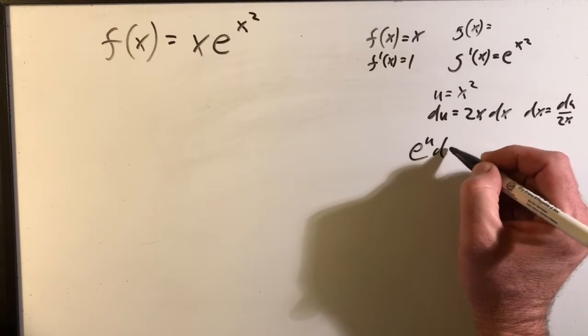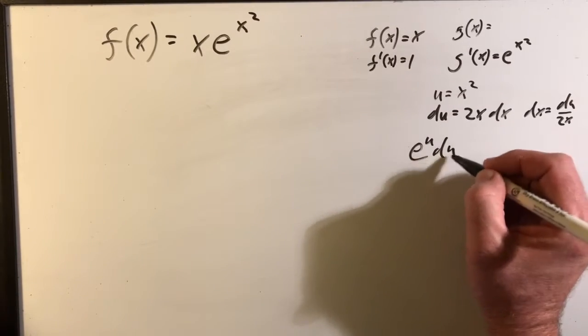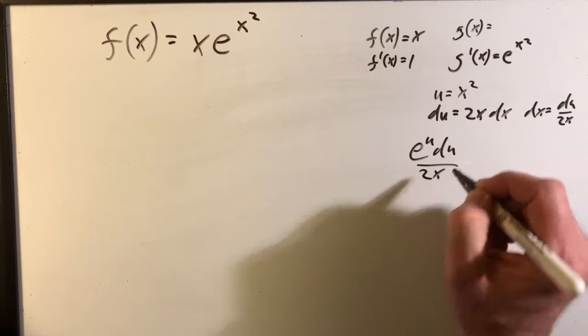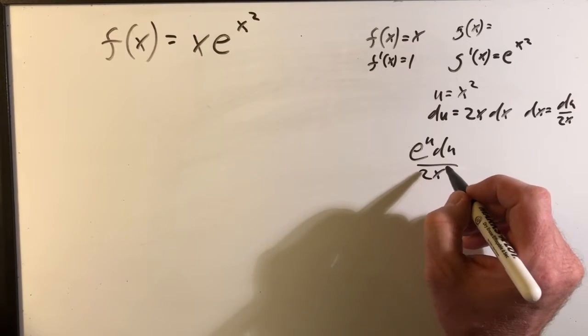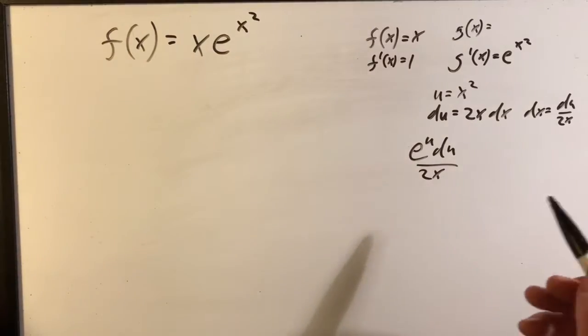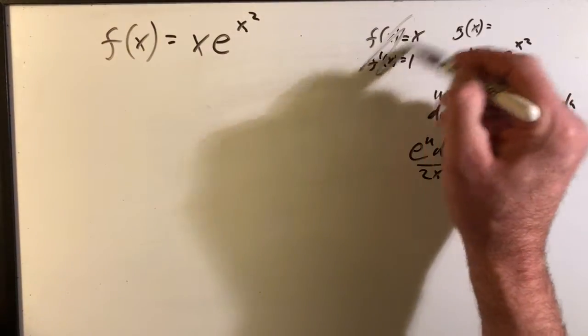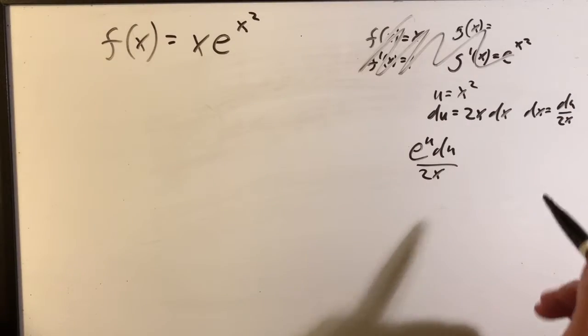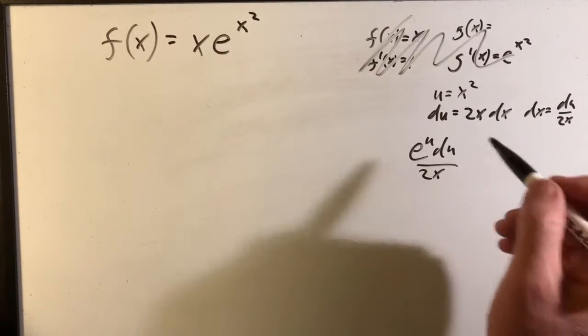Looking at this a little further, du over 2x, that's a bad substitution, but I have an x sitting out here, so this is not an integration by parts problem at all. I don't really have to worry about this. This is a straight substitution problem.